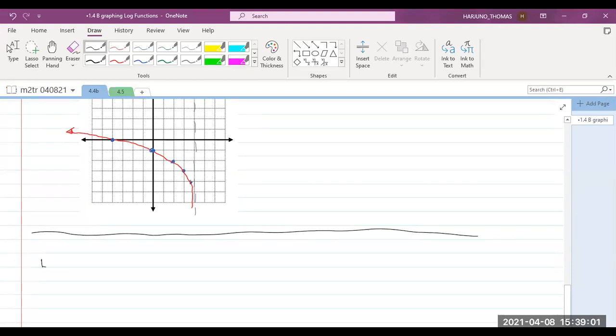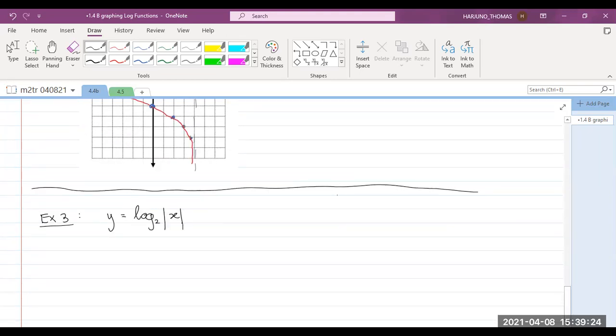For example, the graph of y equals log base 2 of absolute value of x. How do we deal with the graph of a function that contains absolute value of x?